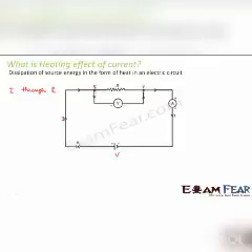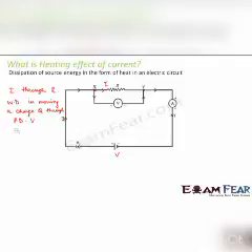Right now we are concentrating across this resistor: the current through it is I and the potential difference across it is V. So what is the work done in moving a charge Q through a potential difference V? That will be equal to Q into V.